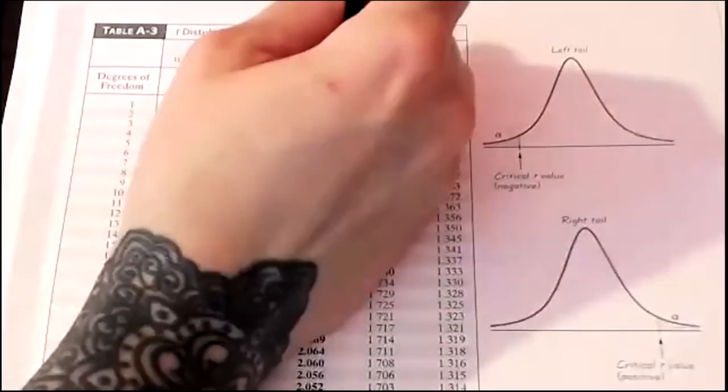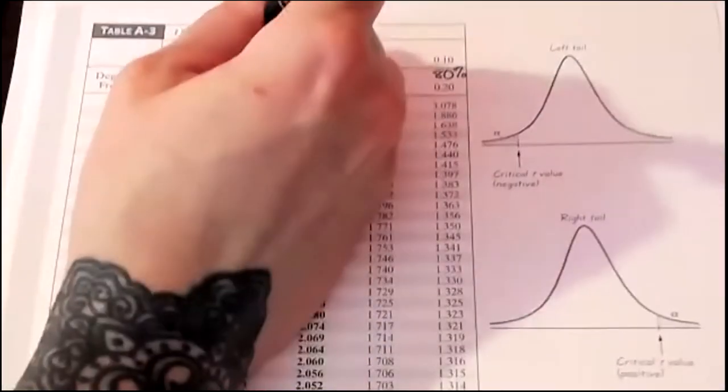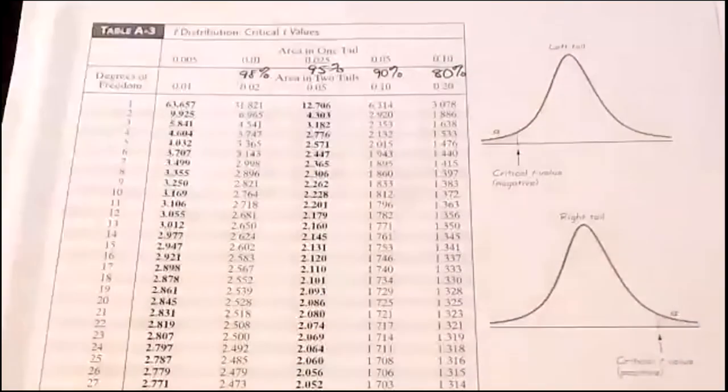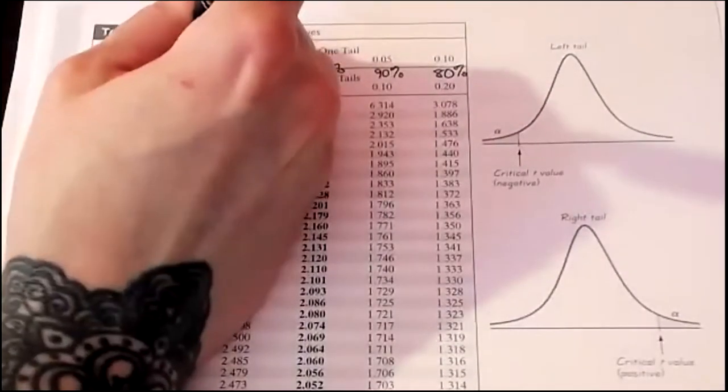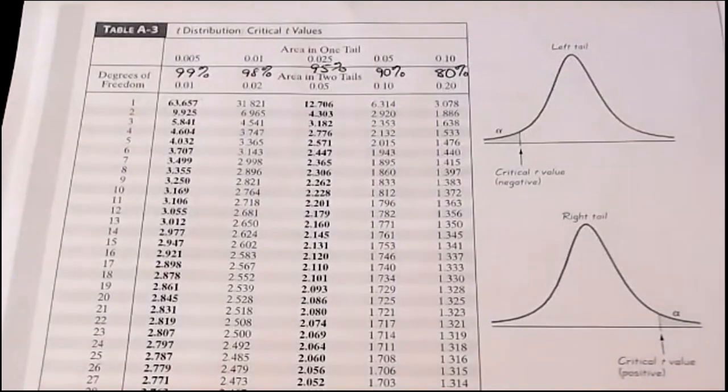I'm going to fill each of these out. So this is the middle 95%. Here we have the middle 98%, and here we have the middle 99%. It may be helpful if we write those percentages in there so that we can be very clear about what it is we're finding.